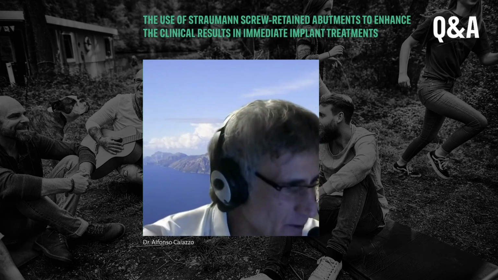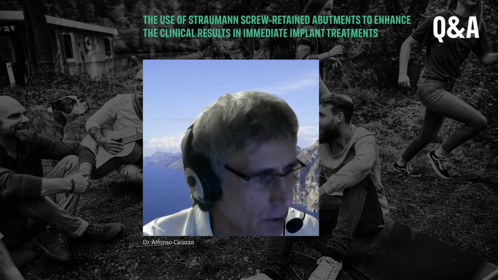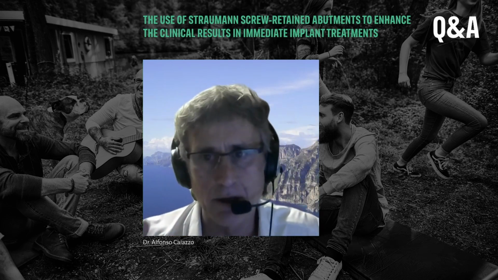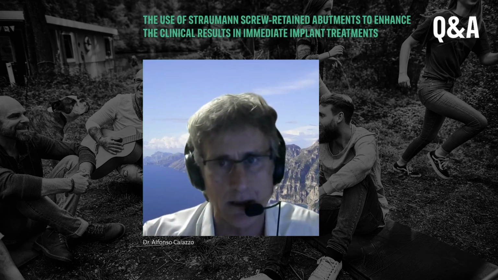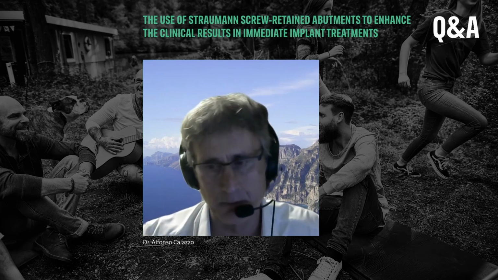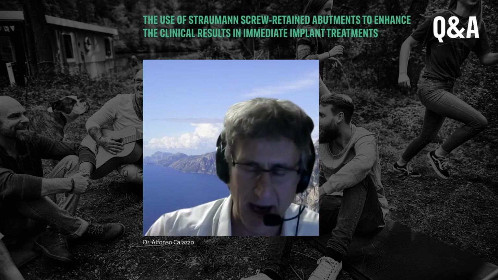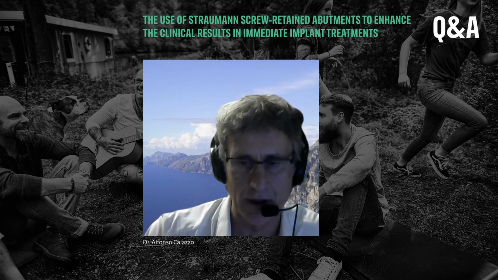Any concern about the strength of the screw holding the crown to the abutment for single teeth? Not really. The only thing you have to look at is that the final abutment for the SRA doesn't have an anti-rotational system.